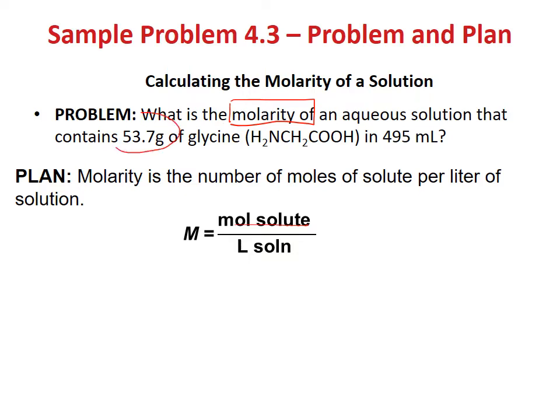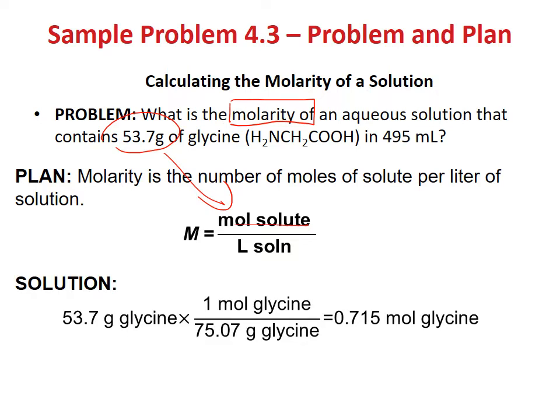No, we have grams. So first we need to convert from grams to moles. Use molar mass as a conversion factor. Molar mass can be calculated from the molecular formula to be 75.07 grams of glycine. So grams of glycine cancel, giving you moles of glycine.